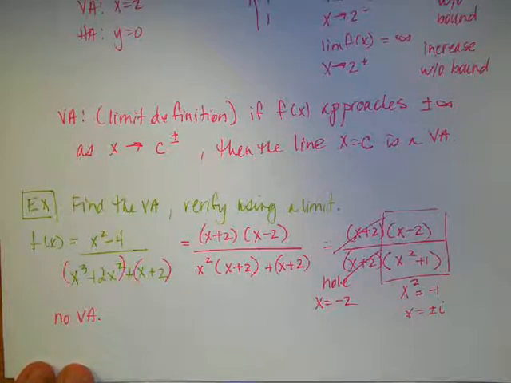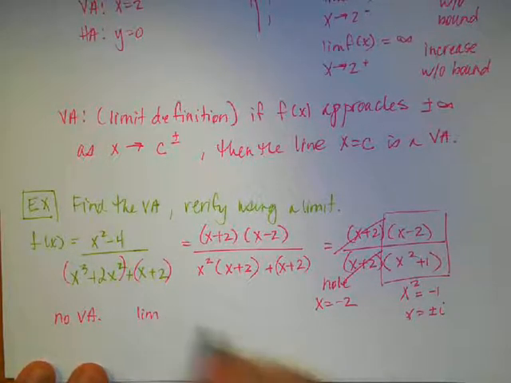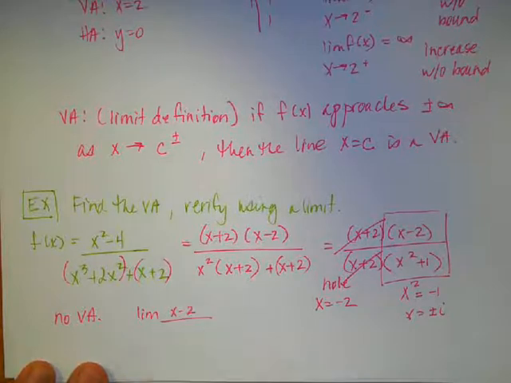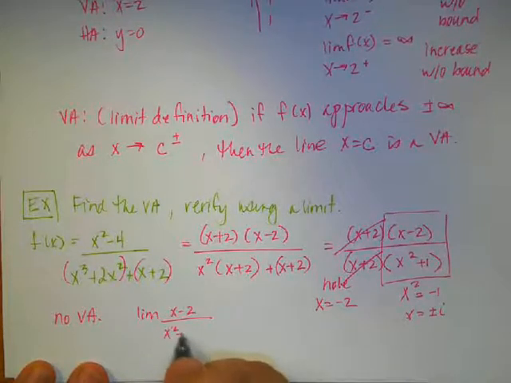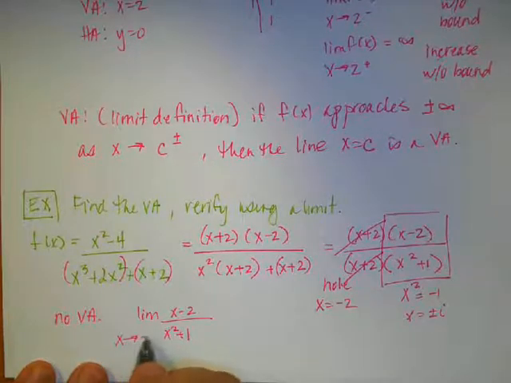So let's take the limit of the function, and I'm going to have x minus 2 over x squared plus 1, as x approaches a negative 2. Because if I get infinities, then I know that I have a vertical asymptote.